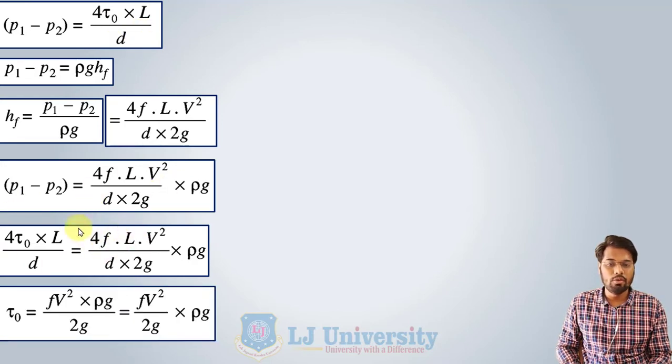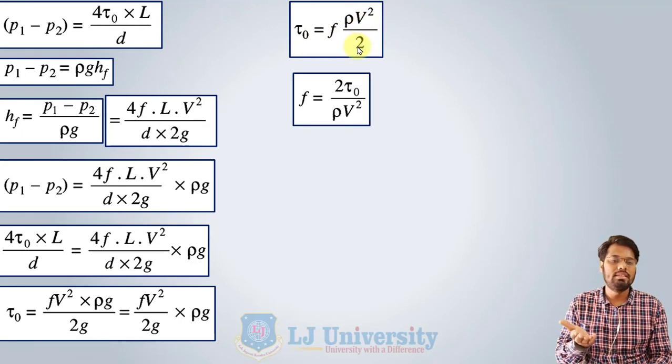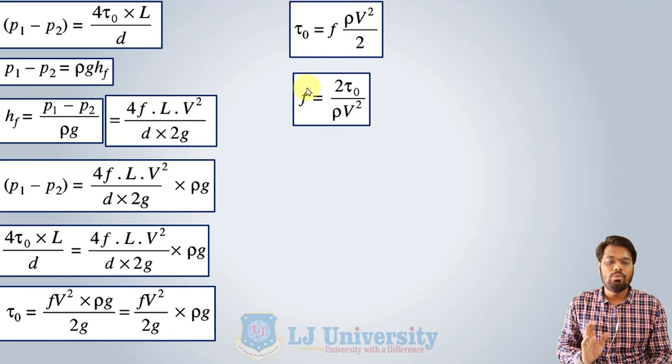If we simplify this equation, we get tau is equal to f V square into rho g by 2g, that is f V square by 2g into rho into g. So the final equation is tau is equal to f rho V square by 2. Or in terms of the friction coefficient, f is equal to 2 tau by rho V square. So this is the equation for the friction coefficient.